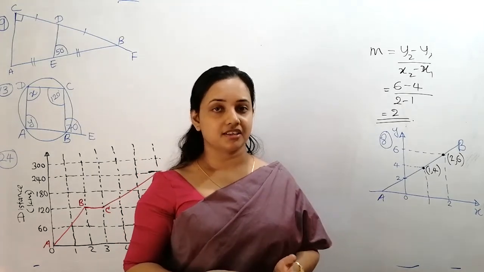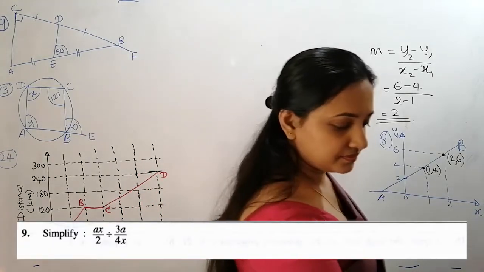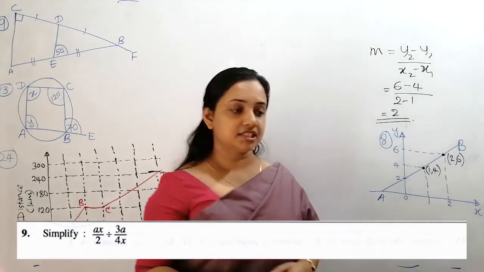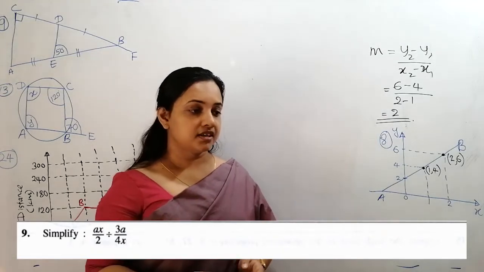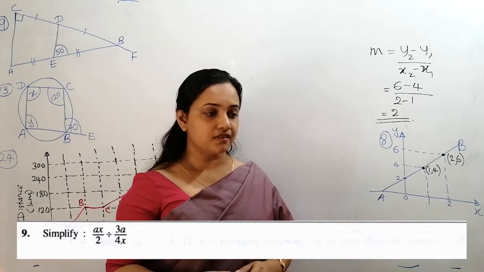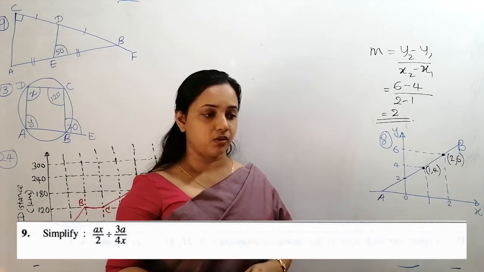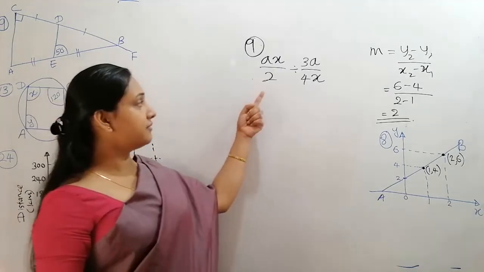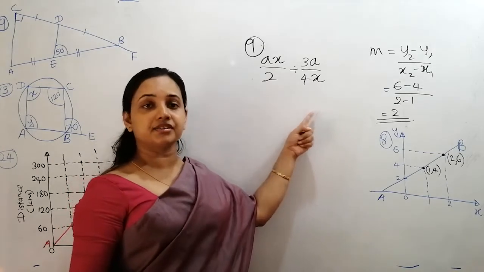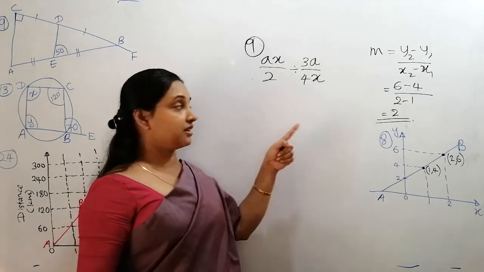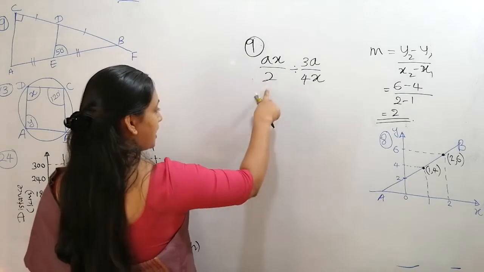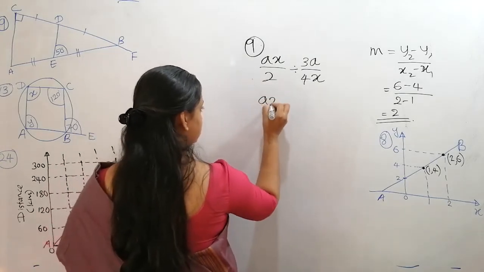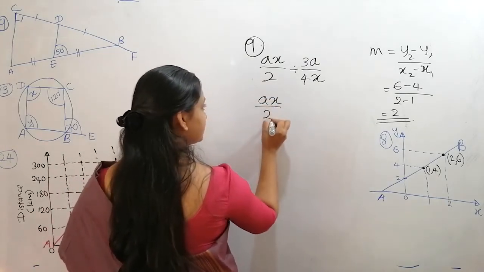Then look at question number 9. Simplify ax over 2 divided by 3a over 4x. This is a fraction divided by another fraction. How can we simplify this sum? Then we have to write the first fraction as it is, ax over 2.